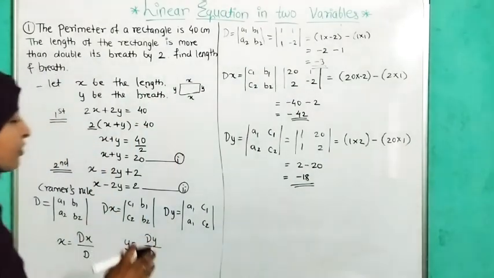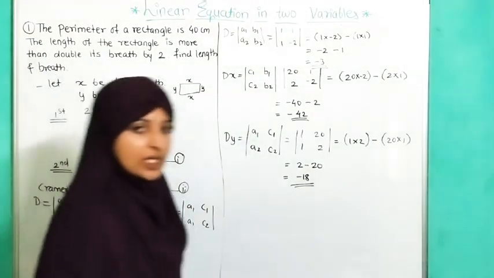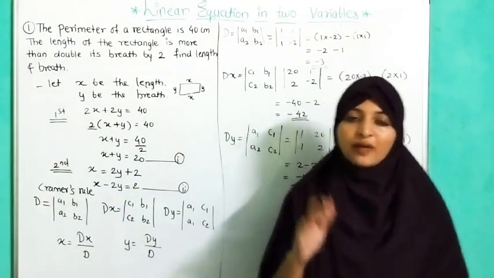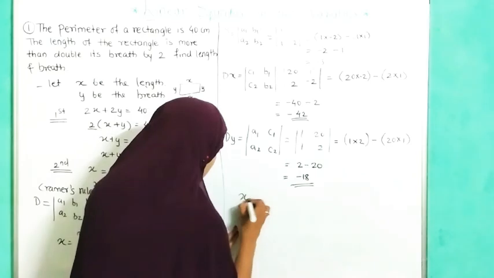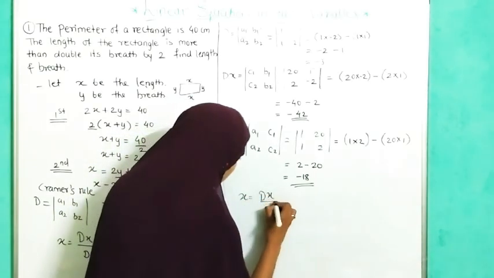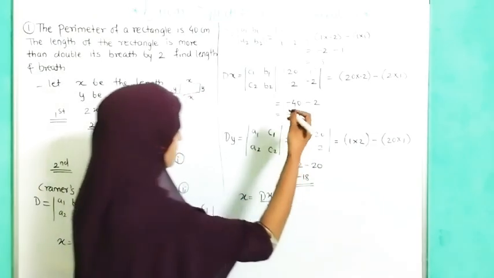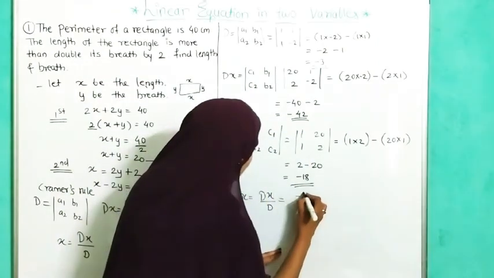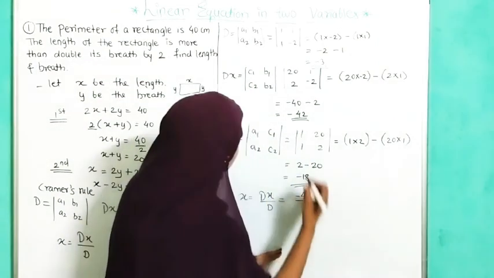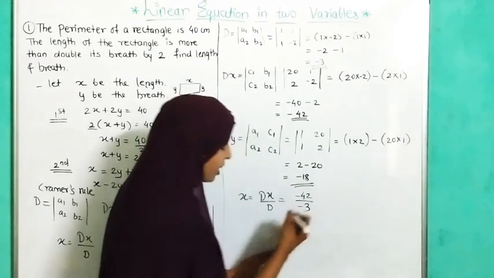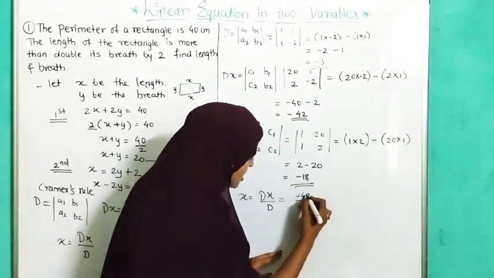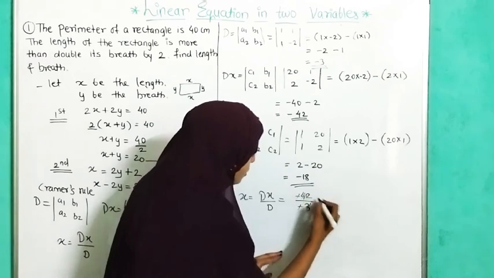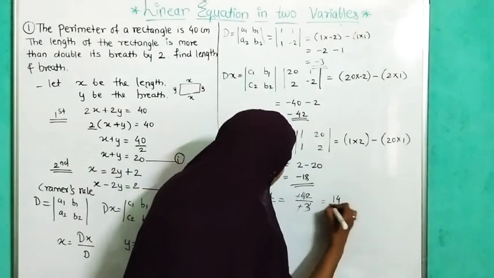Now we are going to find the values of x and y. The value of x is equal to Dx by D, which is minus 42 upon minus 3. If we divide it, the minus signs get cancelled. 3 fours are 12 and 3 ones are 3, so 14.